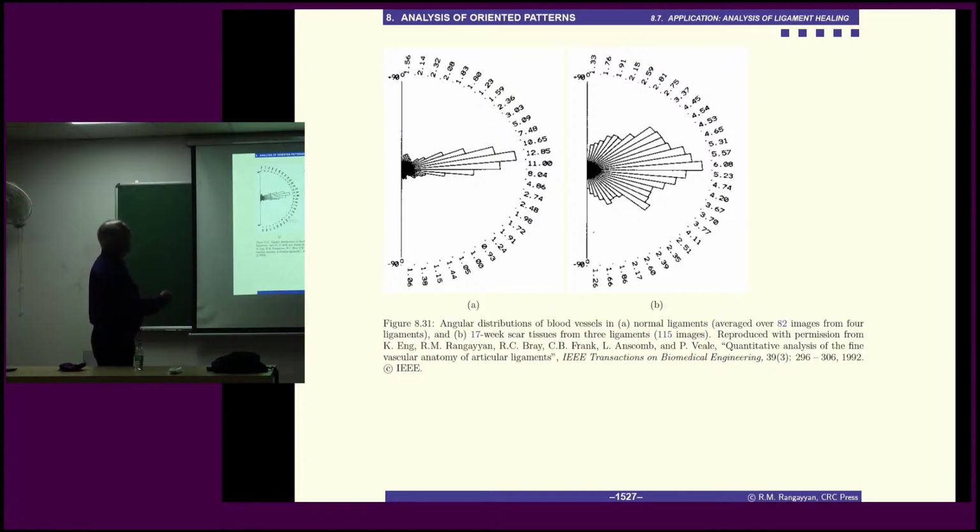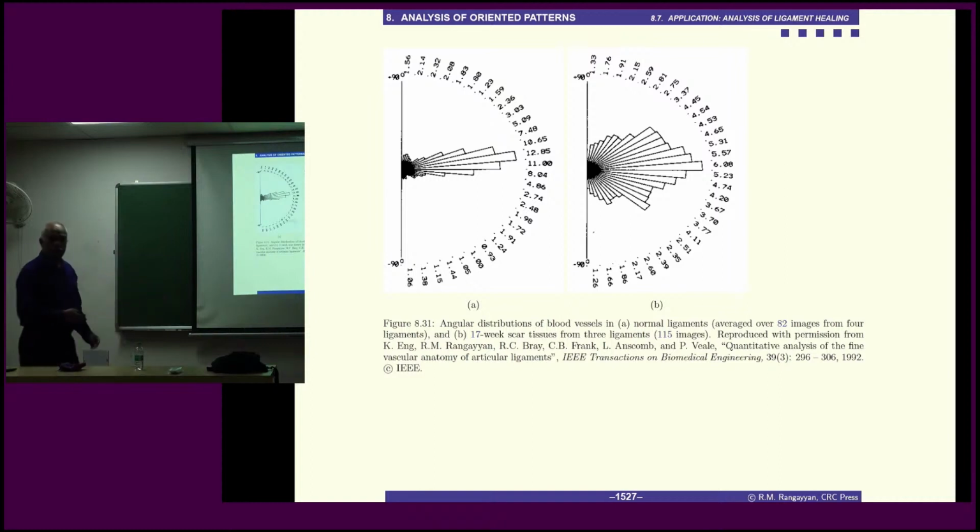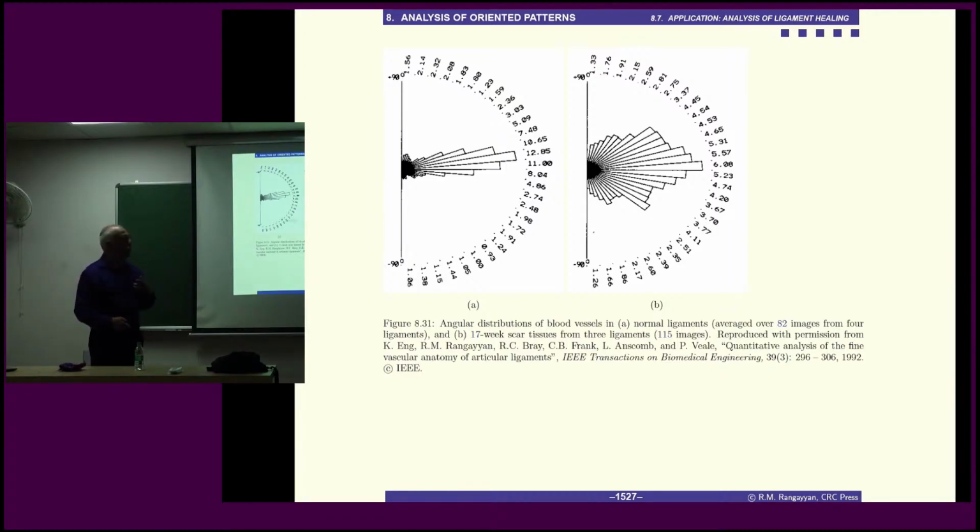So this is the Rose diagram for a normal ligament, blood vessels now. This is for 17-week scar. We characterize that using measures of dispersion, variance and entropy. They give similar values from different perspectives, and the curves showed similar behavior.